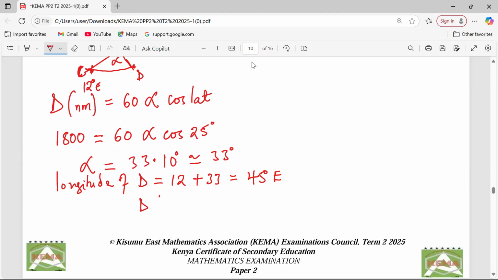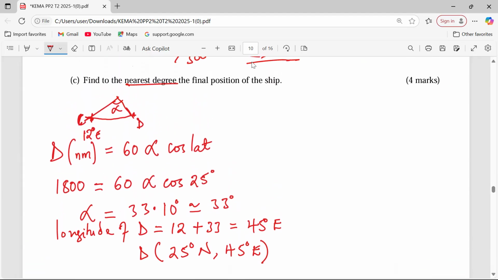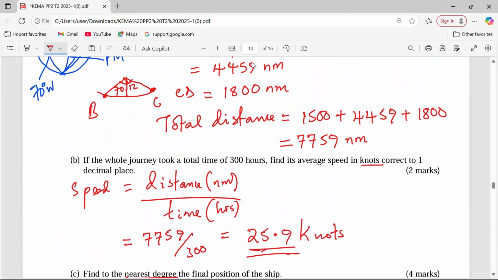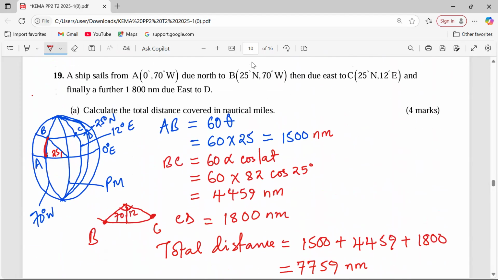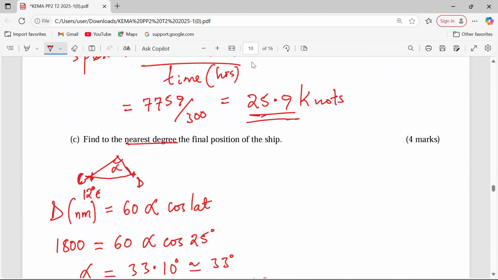Therefore, the position of D is going to be 25 degrees in the north, 45 degrees in the east. Remember, the position is supposed to be given with reference to the latitude, then the longitude, written as a coordinate, and it must be in that particular order, without any variation.